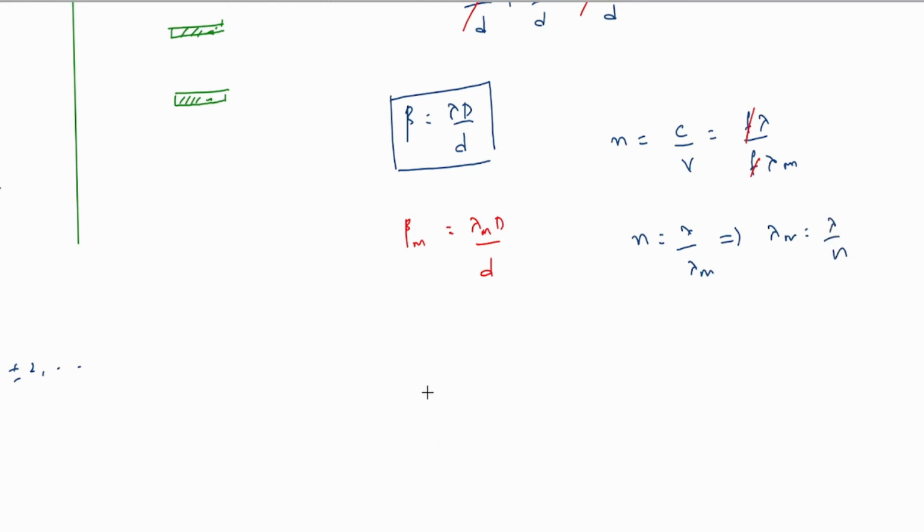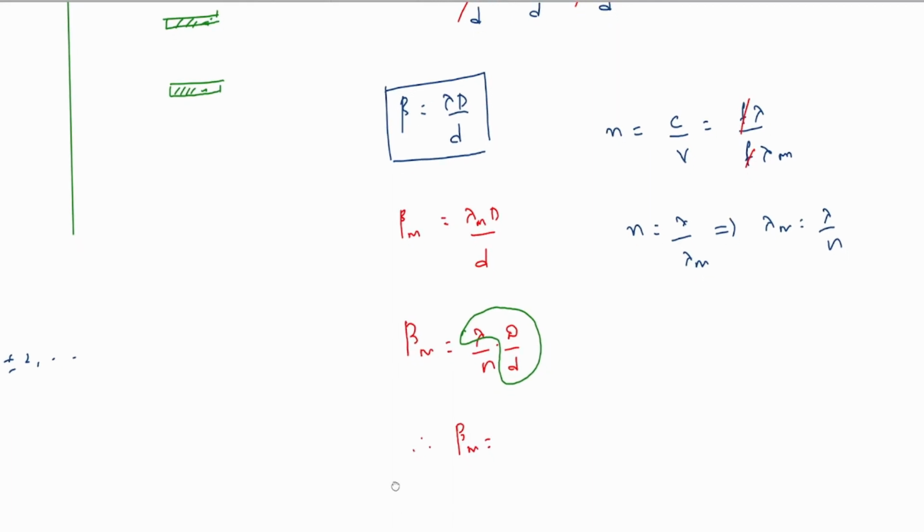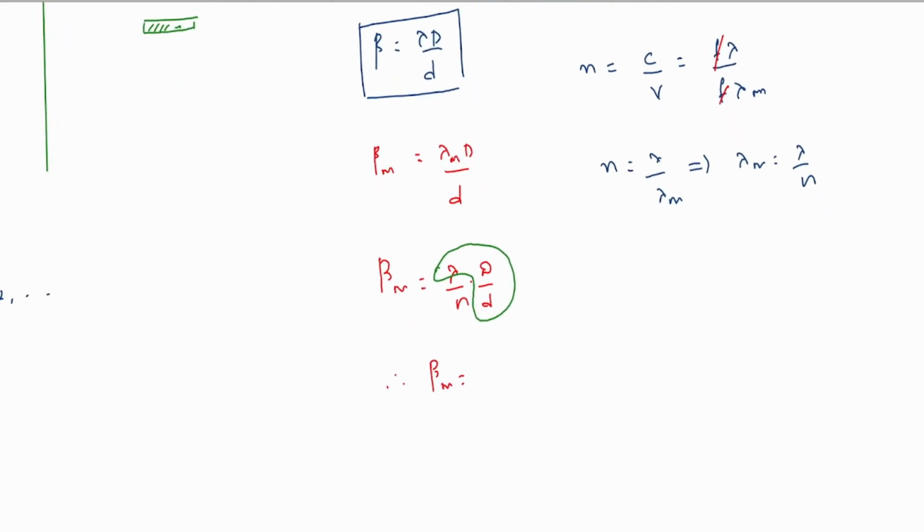Putting it back here, beta in any medium is equal to lambda for the medium, which is lambda by n, times capital D by small d. But this factor here is nothing but beta in free space. Therefore beta in a medium, that is the fringe width in the presence of a medium, is equal to beta in free space by n. So this is the expression for fringe width in the presence of another medium.